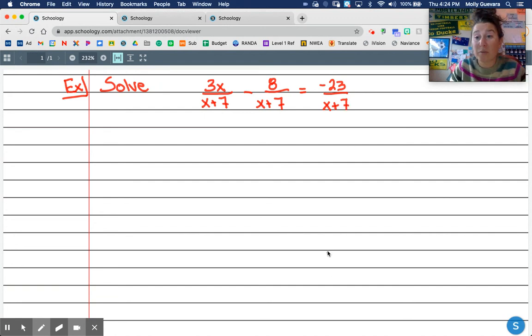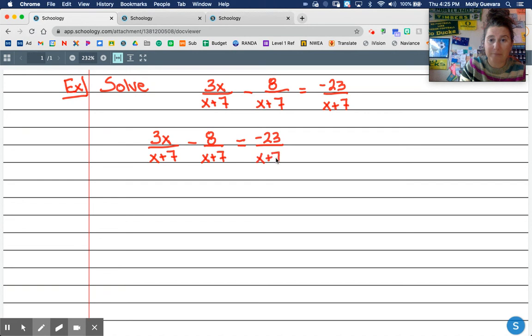And again, normally I would just work off the problem that I'm given, but for the sake of notes, I want you to be able to see the original problem and see what we're doing to it. So I'm going to go ahead and rewrite this problem again right underneath. I am not doing anything to this except just writing it again.